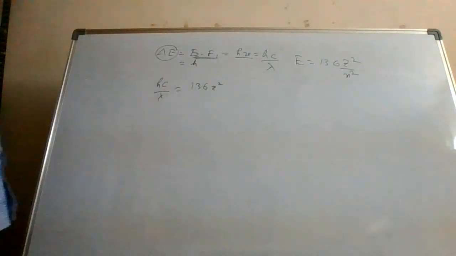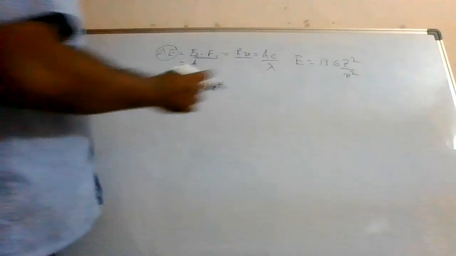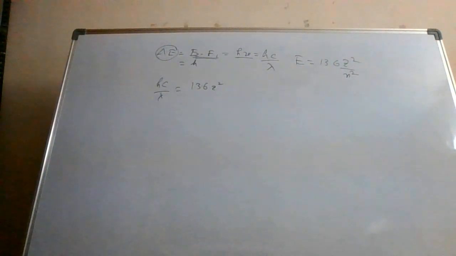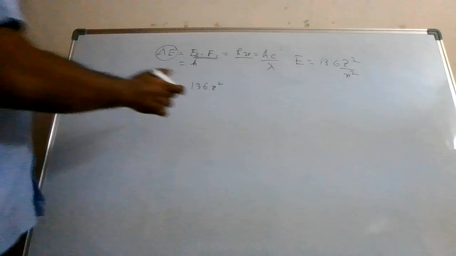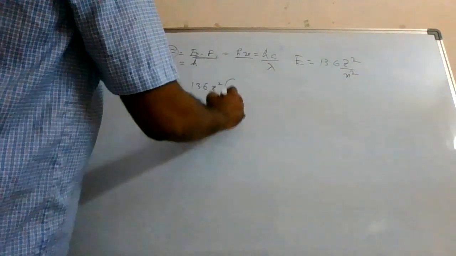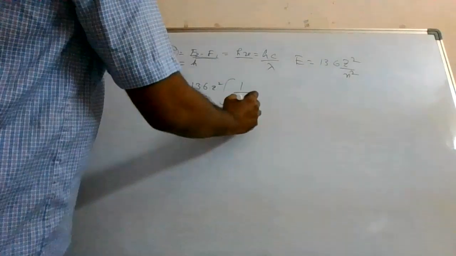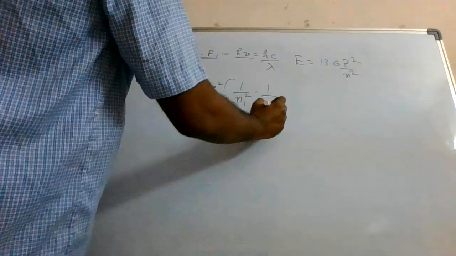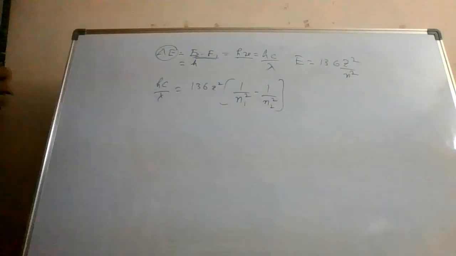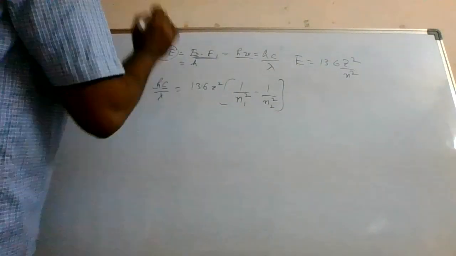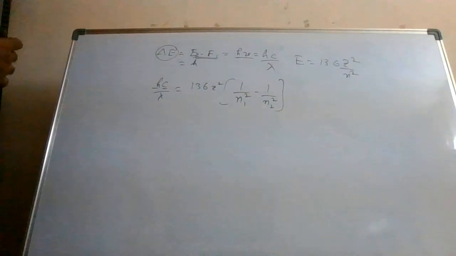Where n is the orbit and z is the atom, the element you are talking about. So here it becomes 1 by n1 square minus 1 by n2 square. Okay. So h and c are both constants.